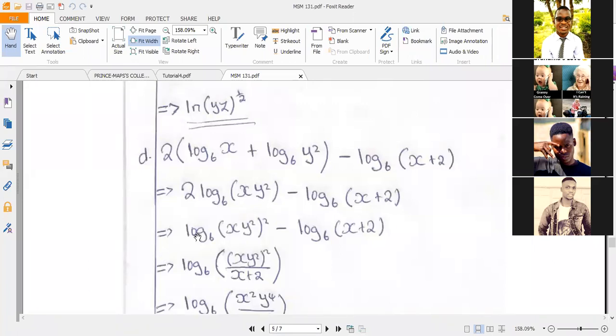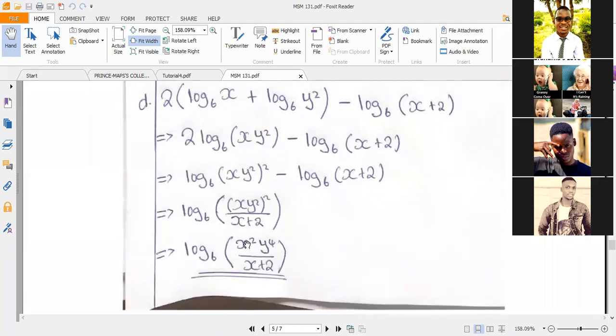So it will now be log 6 of xy squared, in brackets, to the power 2, minus log 6 of x plus 2. What does this tell you? You have to divide because there's a minus. So you're going to have log 6 of xy squared over x plus 2.